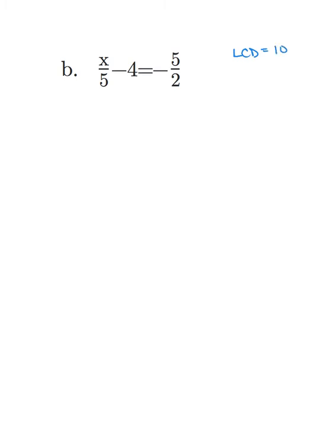Now, one of the important things to keep in mind is this 4. The reason that I chose this problem is this 4 has a tendency to trip students up. And the main reason is because remember that when we do this next step, you have to multiply all terms by the LCD, or you have to rewrite all terms with the LCD. That includes this 4.